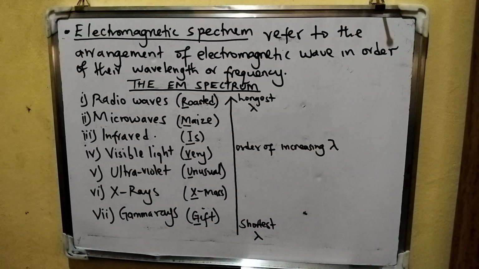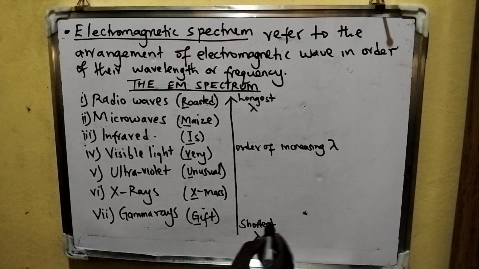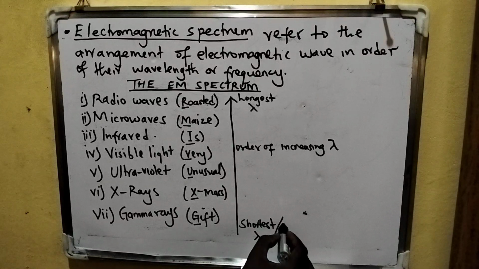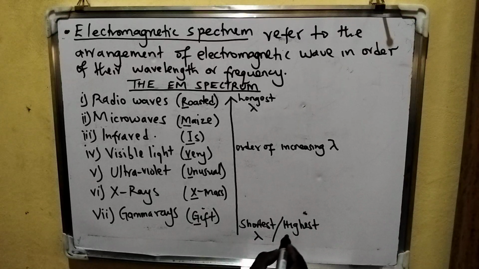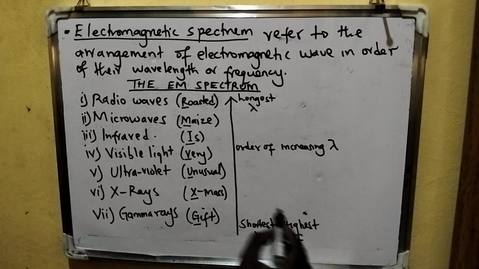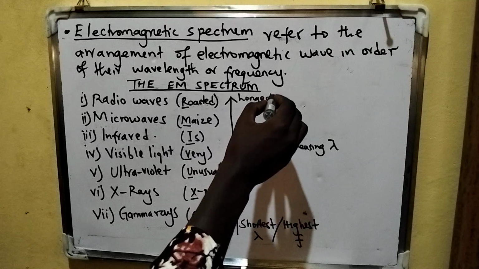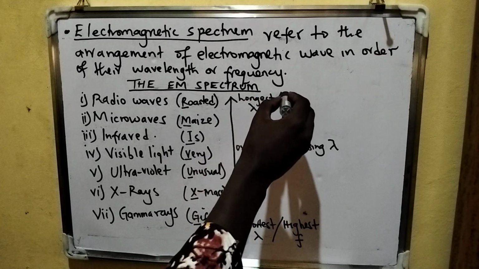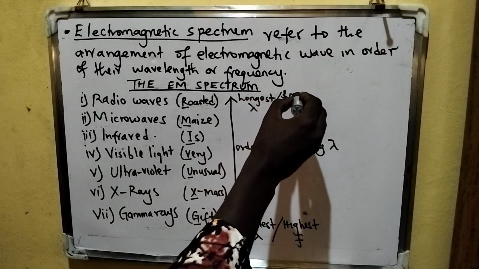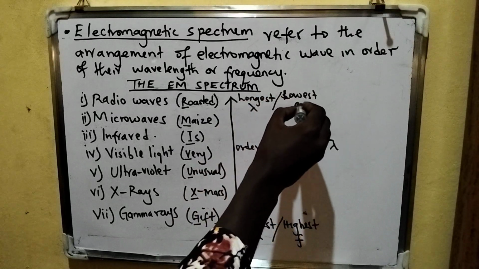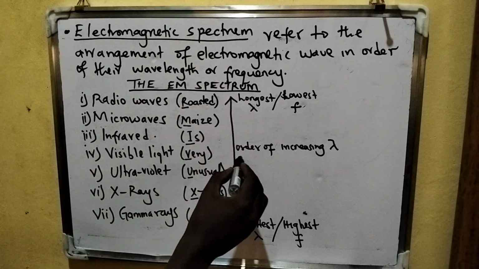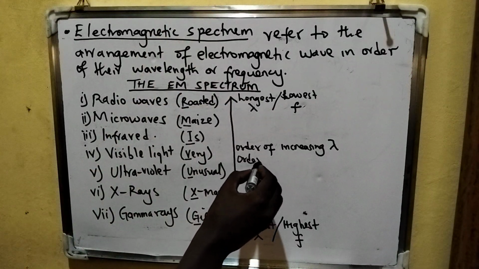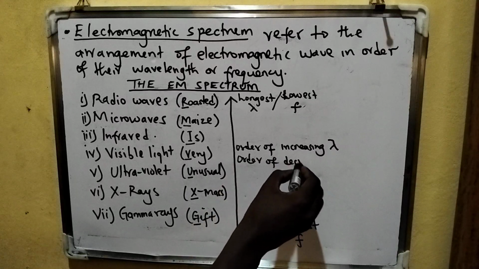If we have any ray with the shortest wavelength, it means it will have the highest frequency. So gamma rays have the highest frequency. It therefore means that our radio wave will have the lowest frequency. So from highest to lowest according to the arrowhead, this is the order of decreasing frequency.